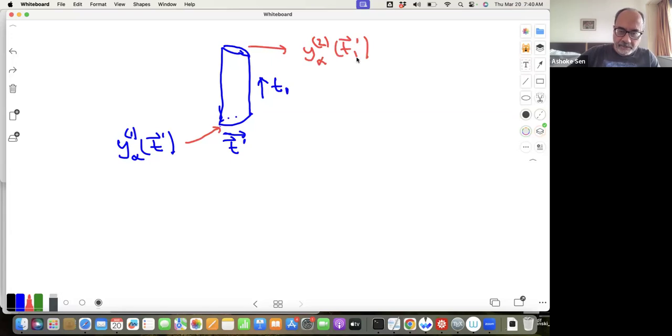These curves are labeled by T prime, and on them Y alpha can vary. T1 is the vertical direction.